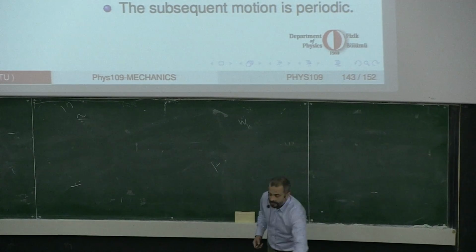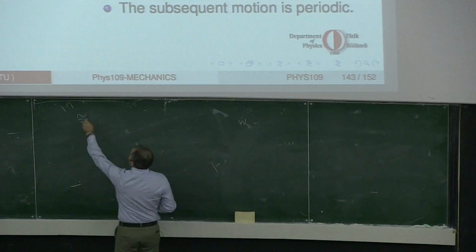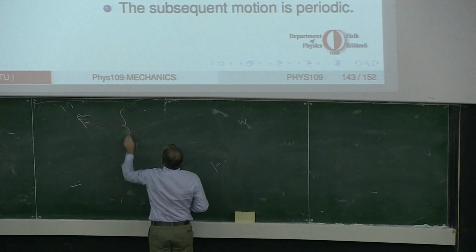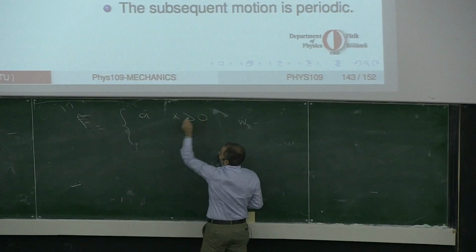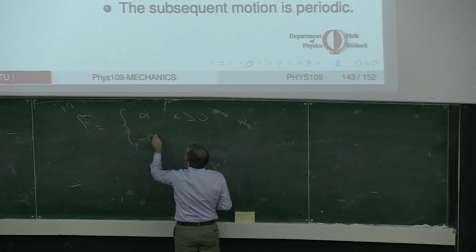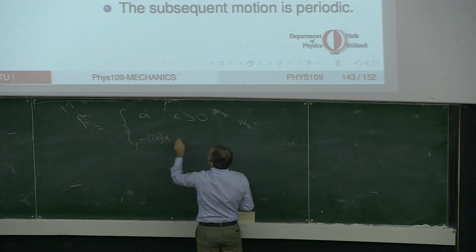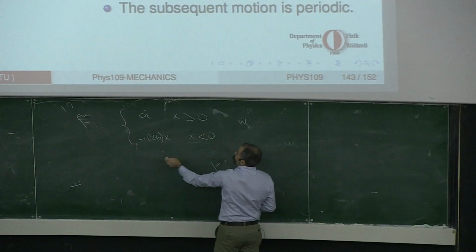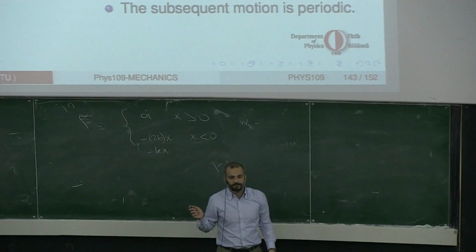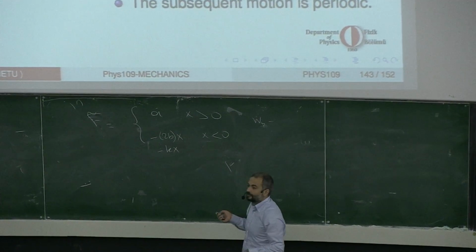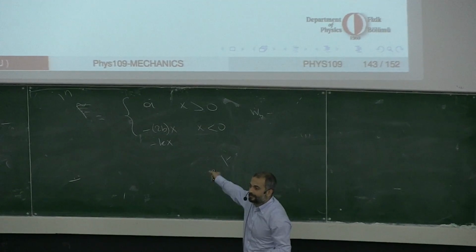So we had just said that the force is a if x is less than 0, and minus 2bx for x larger than 0. Or you can just write it minus kx, k being 2b. So when I said the k, you remember the spring?